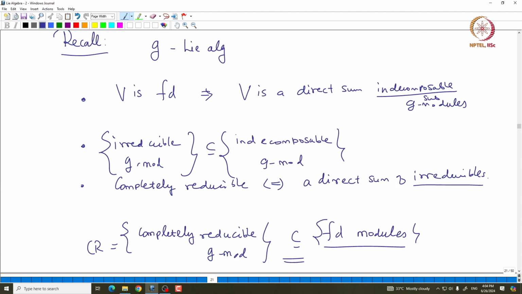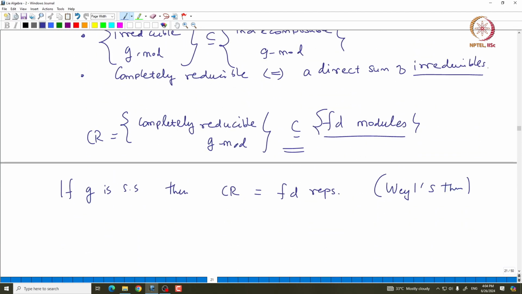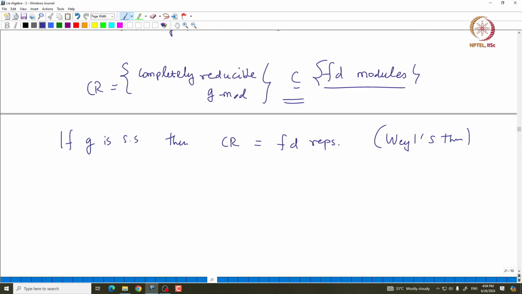This again tells us some of the important problems that we encounter in representation theory. The first problem is to classify all finite dimensional irreducible G modules.